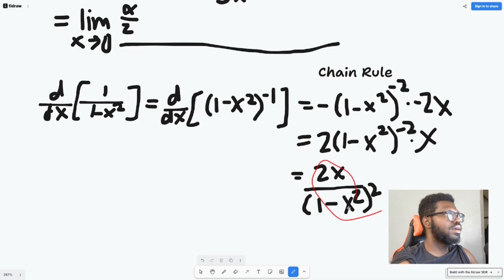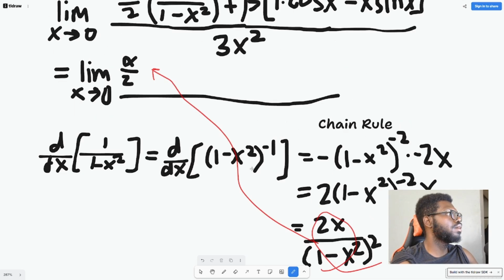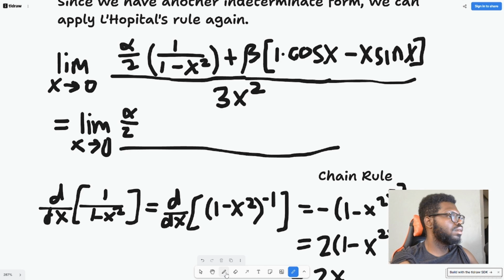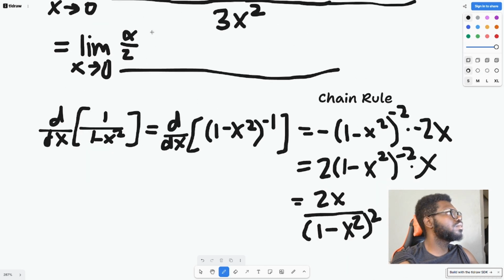All right, we're going to substitute this into our limit here. This is going to be 2x over 1 minus x squared squared.